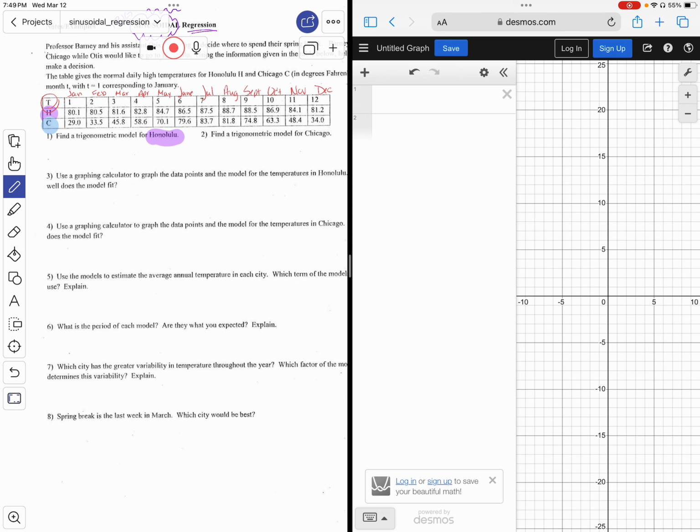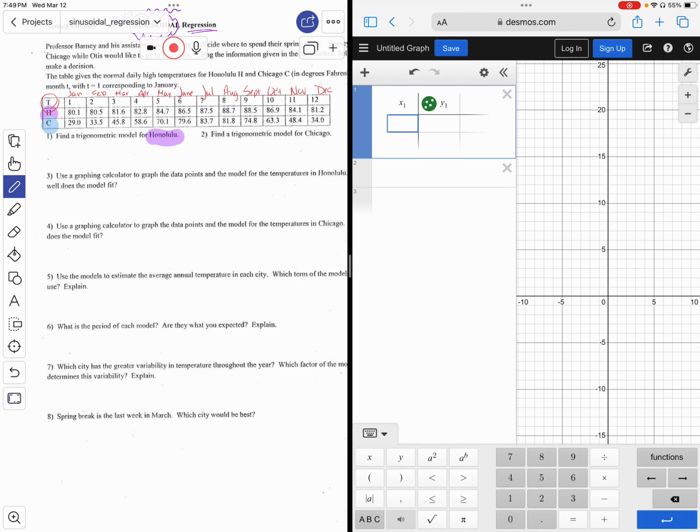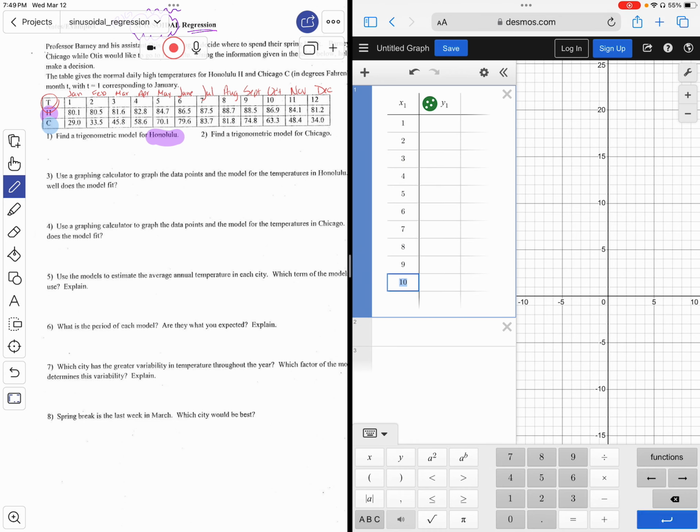When you're working in Desmos, if you have information like a table, we want to add that. Enter all 12 months, and then you go in and enter your data.